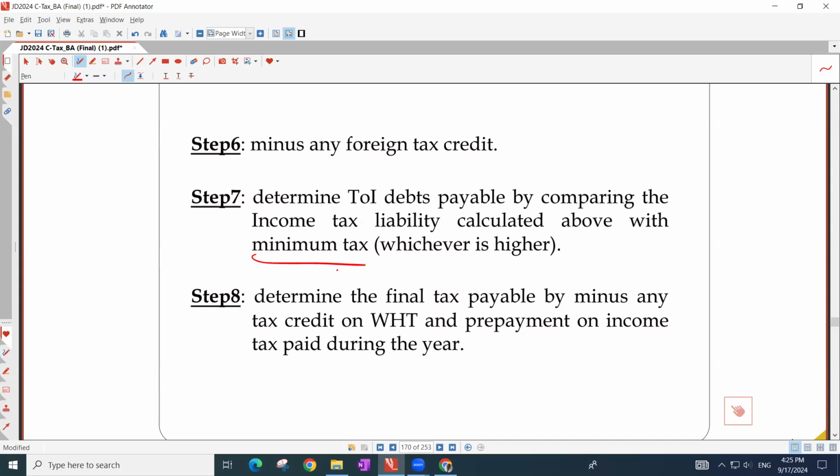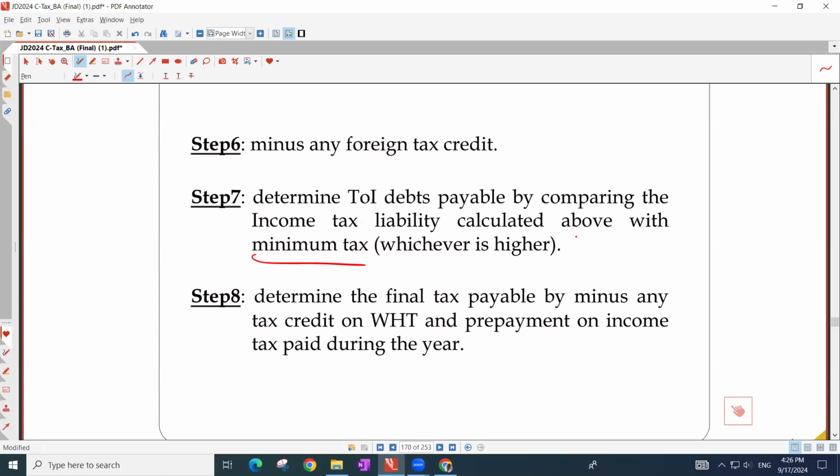If you are exempt from minimum tax, then you don't need to compare. Your TOI liability may be higher than the minimum tax. But in our exam questions, we are always subject to tax on income, so they always provide that the company can get the minimum tax exemption.